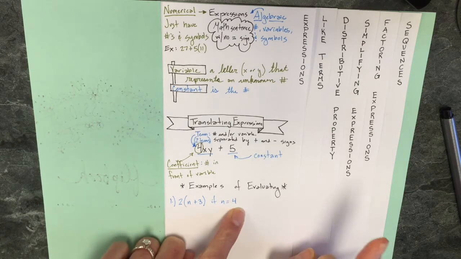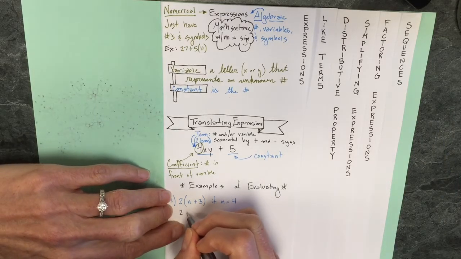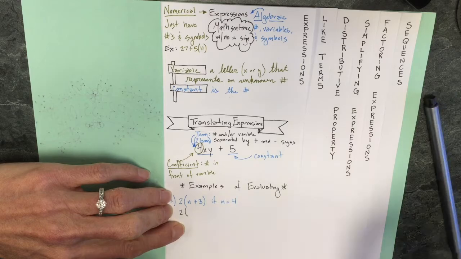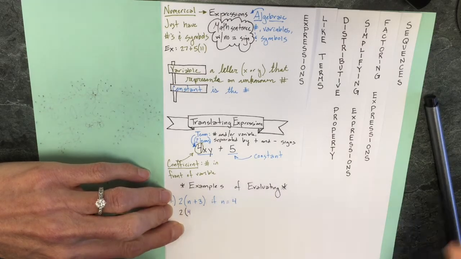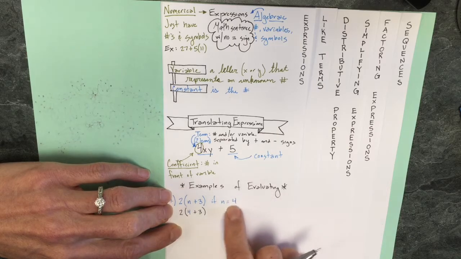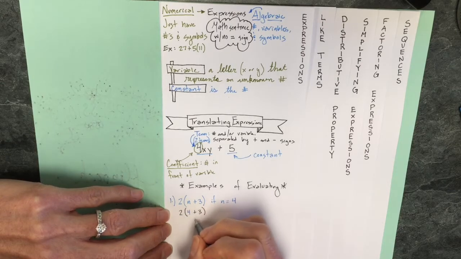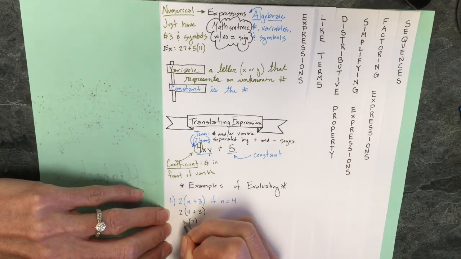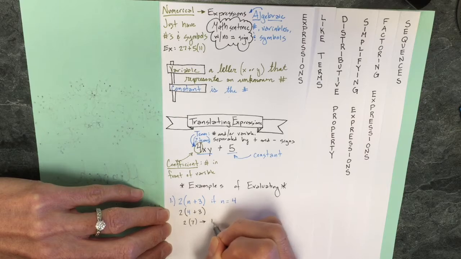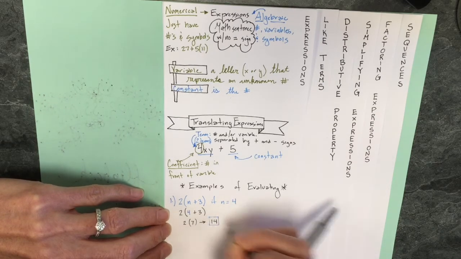But they're telling us that n equals 4, so I'm going to take 4 and plug it in for n. I'm going to evaluate it by putting what I know n equals. So I'm putting the 4 right here. And now I can follow the order of operations, and 4 plus 3 is 7. And 7 times 2 is 14. So I just evaluated that.